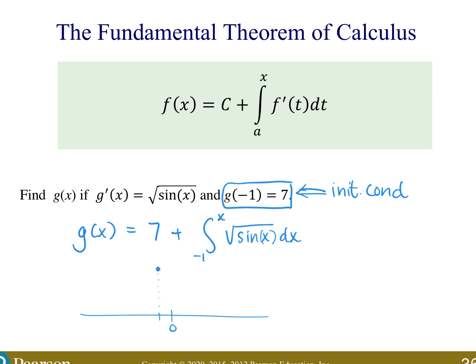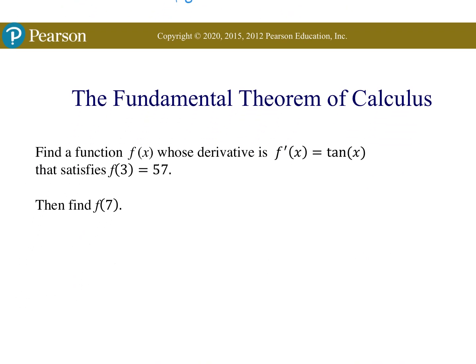We're starting right here. And from that point, if the number is bigger than negative 1, then we'll be accumulating area going up to the right. And if the number is less than negative 1, we'll be accumulating area going backwards. We set it up this way because there is no antiderivative.